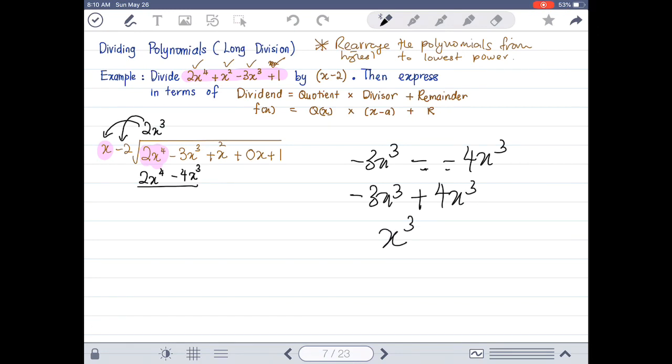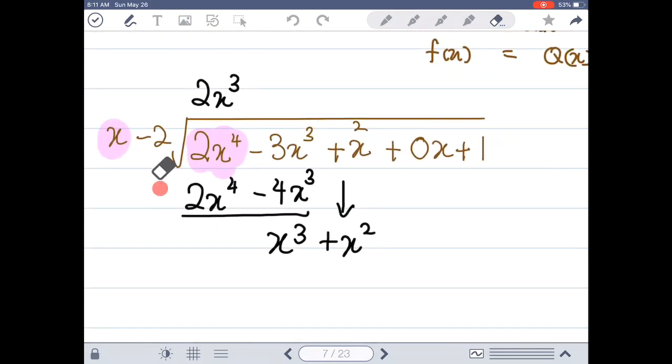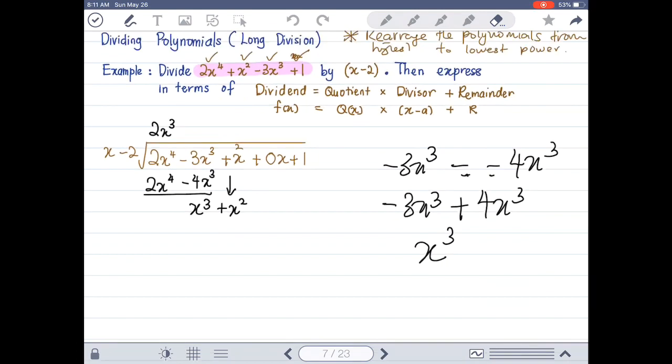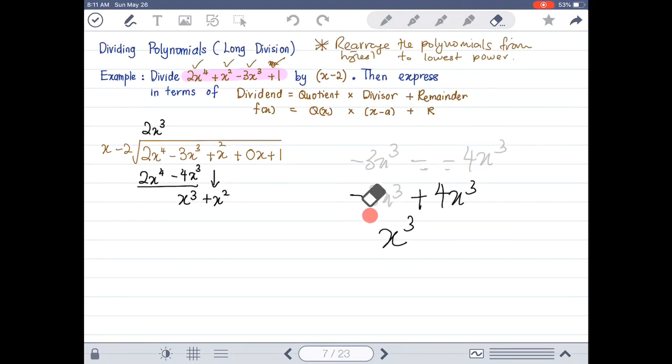So we write here x to the power of 3, and bring down plus x squared. Okay, so we've done the first part of the long division.